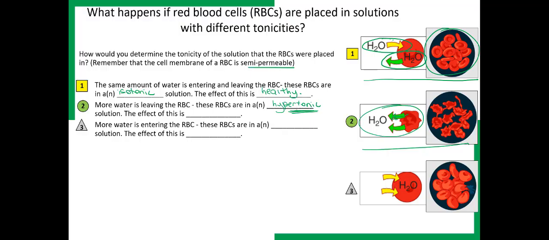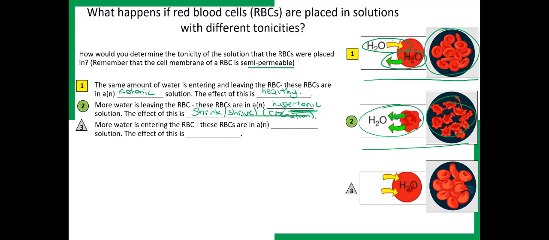The effect of this is that the red blood cells shrink or shrivel. And if it goes on too long, it undergoes a process called crenation. You can see that it loses its shape, and so it can also lose its function.